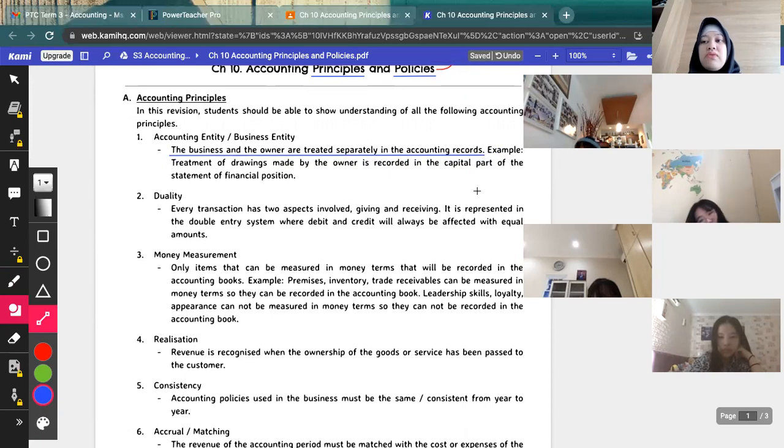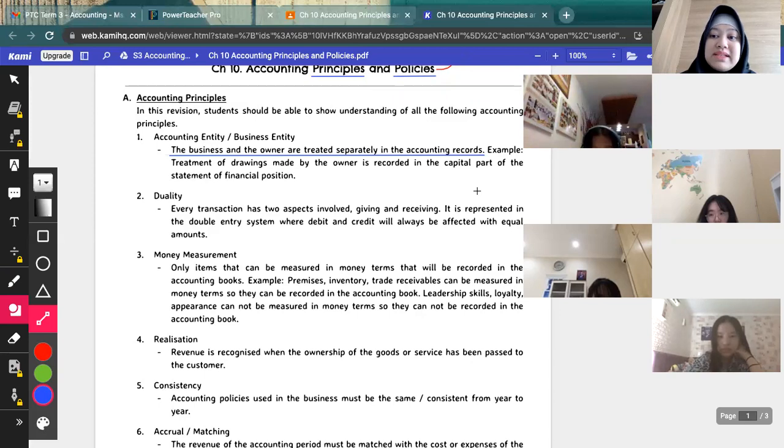Okay, so whatever the owner did and whatever the business did will not be joined and recorded together. You must be able to separate which transactions are made by the owner for the owner or made by the owner for the business. Is that clear? Clear, yeah?